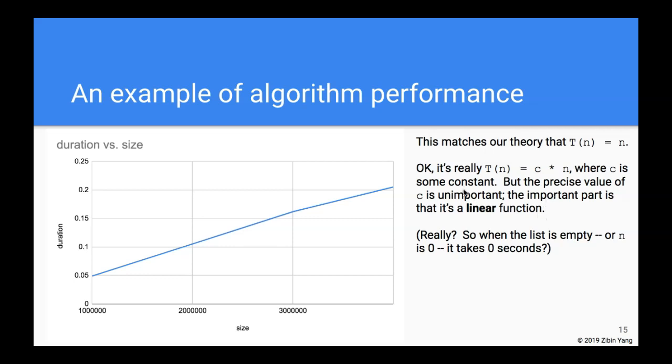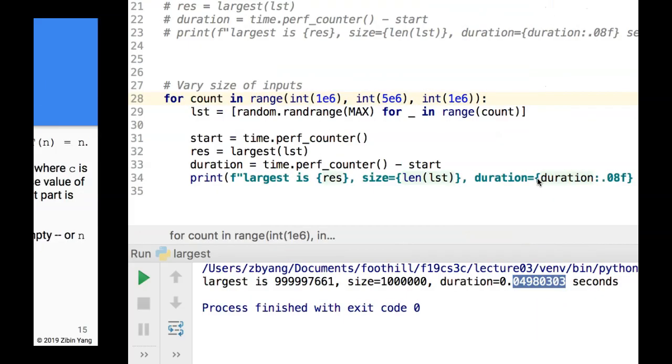Now, if we look at this again very closely, even assuming there is a c, a constant multiplied by n, what about when n is 0? When n is 0, then T of n should also be 0. But there's no way that the algorithm will take exactly 0 seconds, right?